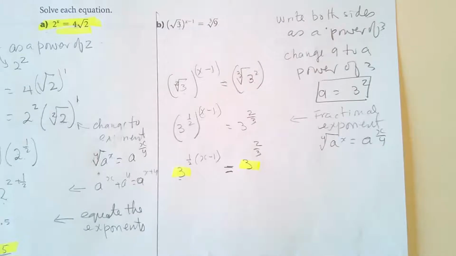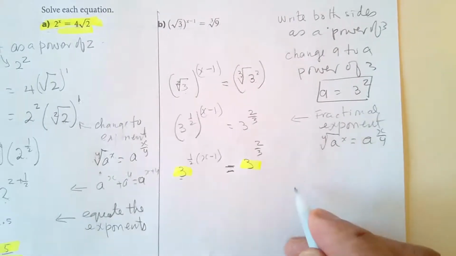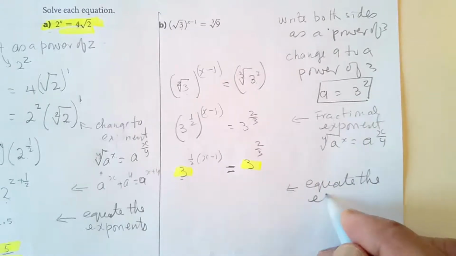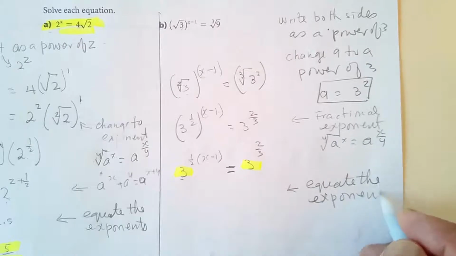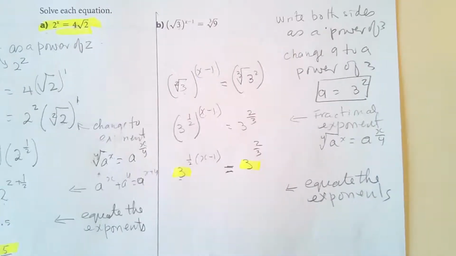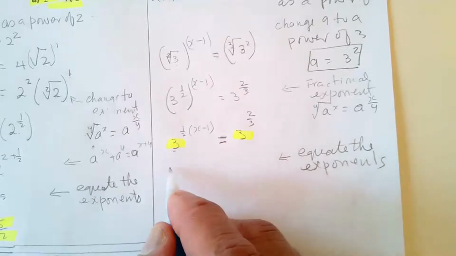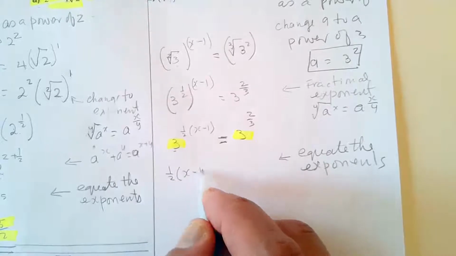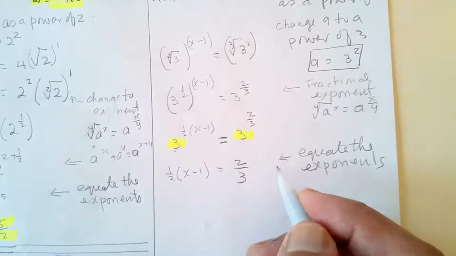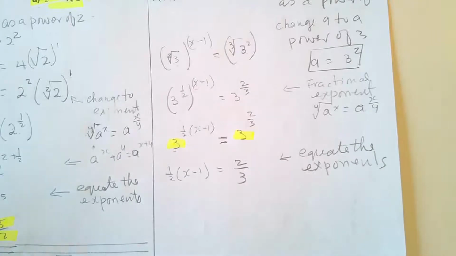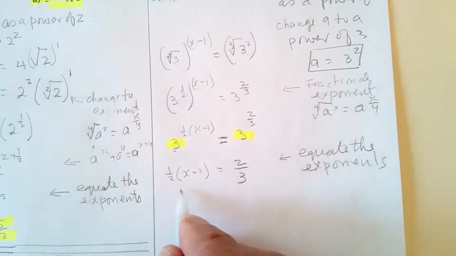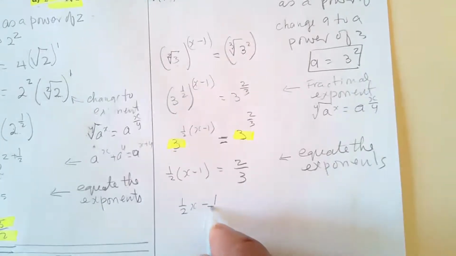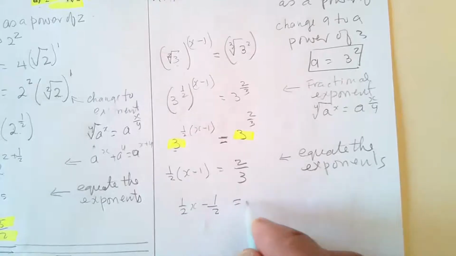Now the bases are the same, we can equate exponents, make exponents equal. Now I'll rewrite it here: half x minus 1 is equal to 2/3. What we have here is half x minus a half is equal to 2/3.